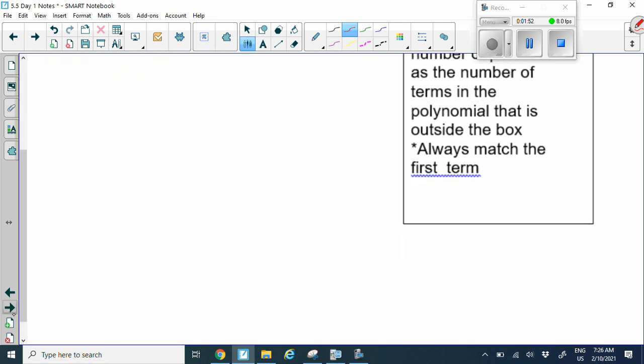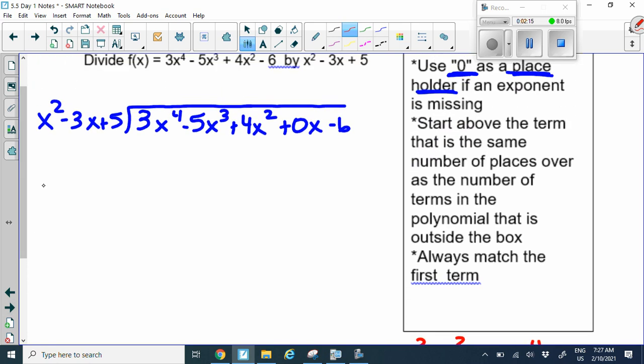So I need to think, x squared times what will give me 3x to the 4th. Well, of course, we need the number 3. And x squared times x squared will give us x to the 4th. So we have 3x squared. Now, where I'm going to place that is above the 4x squared.